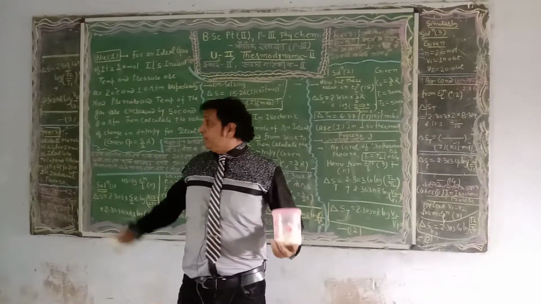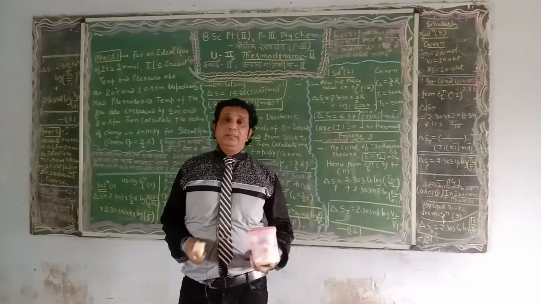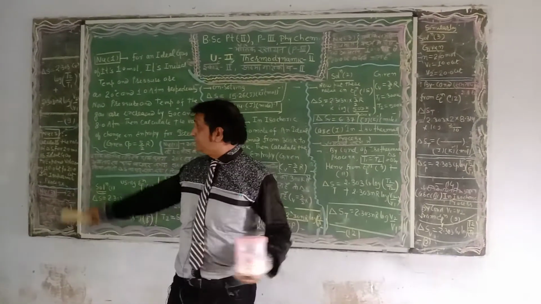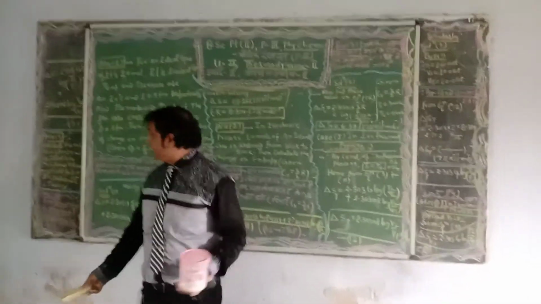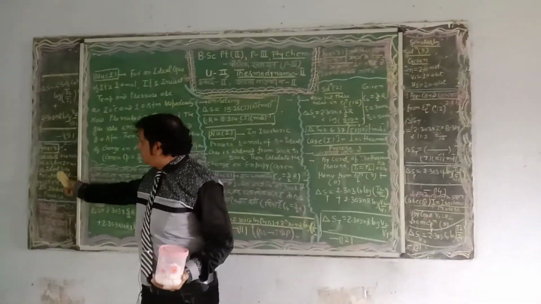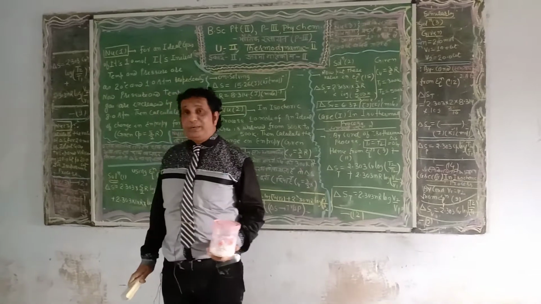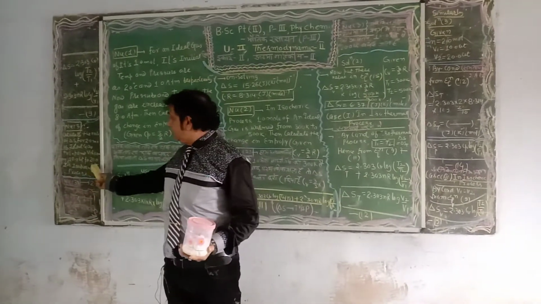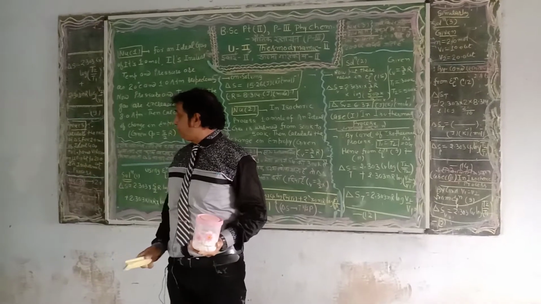Once again, I repeat: calculate the value of del S for 2 moles of an ideal gas expanding from 10 liters to 20 liters in an isothermal process.